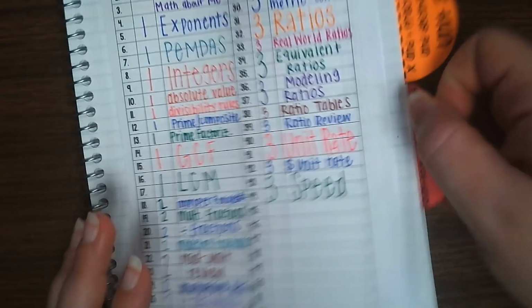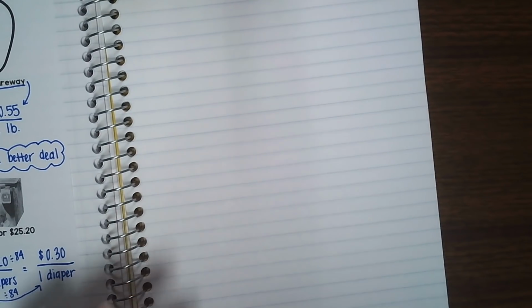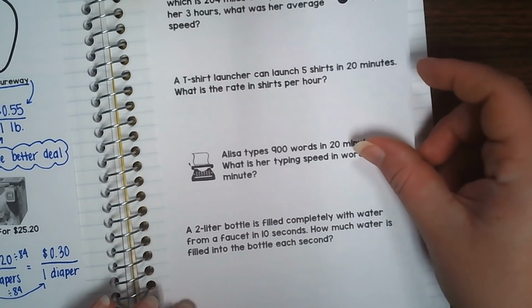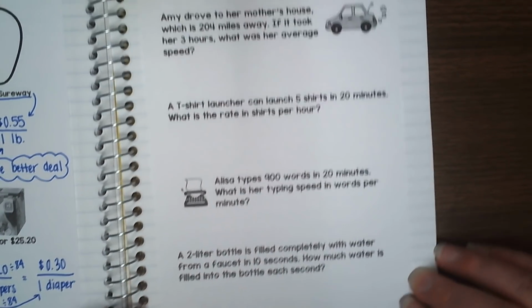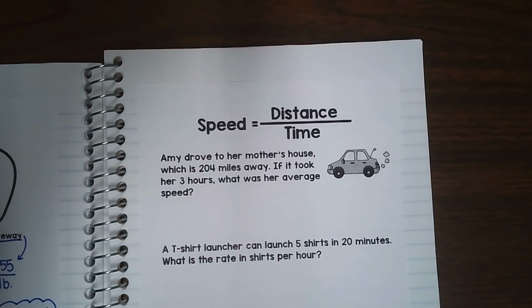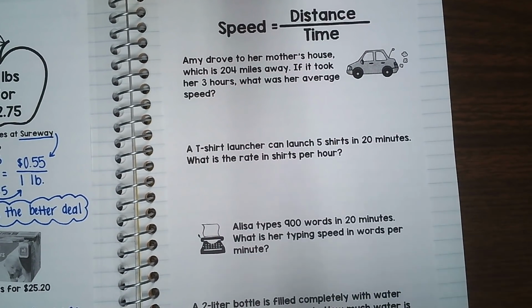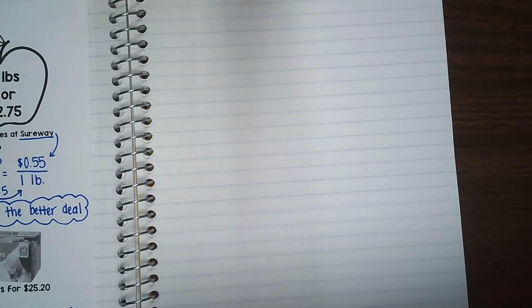So on 43, we're going to glue in the page that has a car at the top and says speed equals distance over time. So we'll go ahead and glue that in.